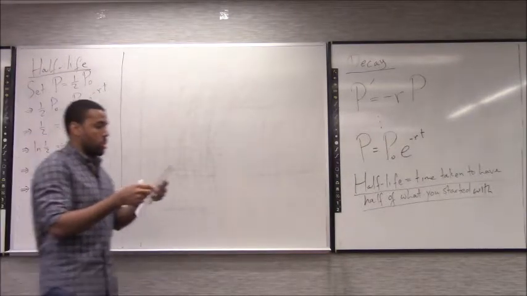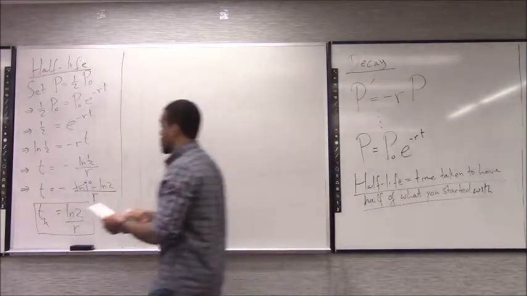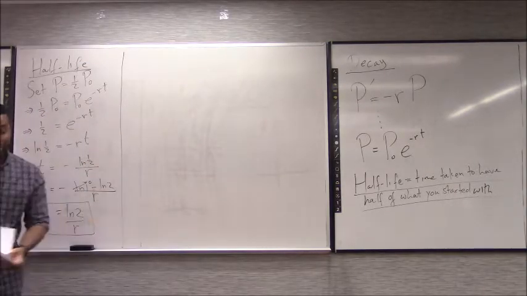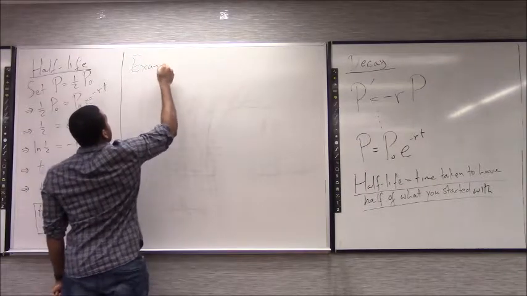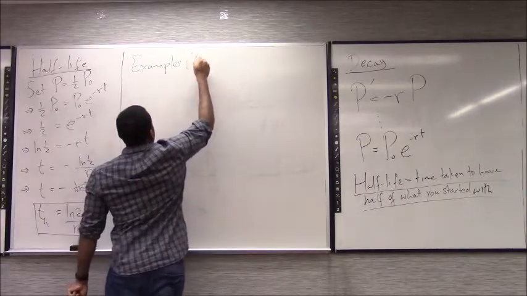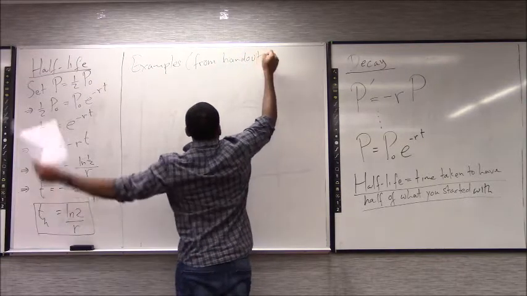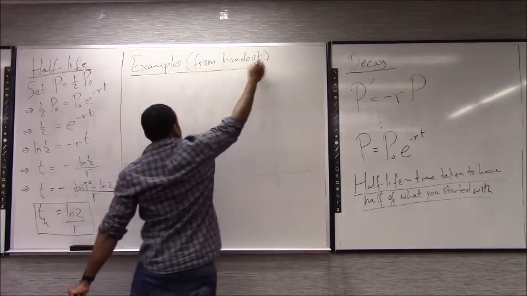So let's do examples 1 and 2 based on what we know so far. One of the reasons I gave this handout is because I didn't want to write all this down. Note that these examples are from the handout, and it's posted on the website, the same place where you can find the answers to the quizzes.